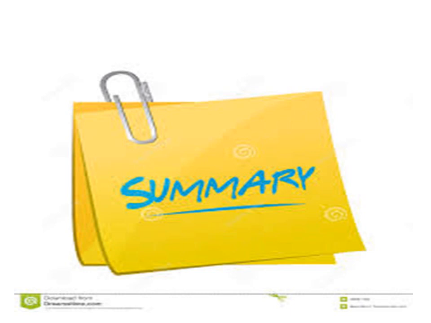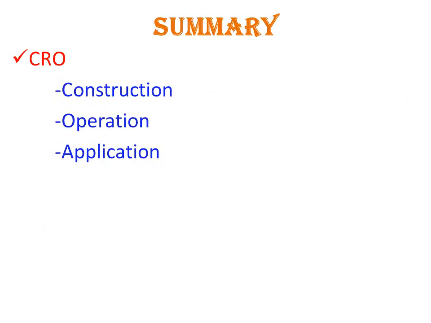So now we have seen the CRO, its construction details, its operation and its applications. Let us quickly summarize what we have seen in this session. We saw that cathode ray oscilloscope gives us a visual presentation of an input signal applied to it.